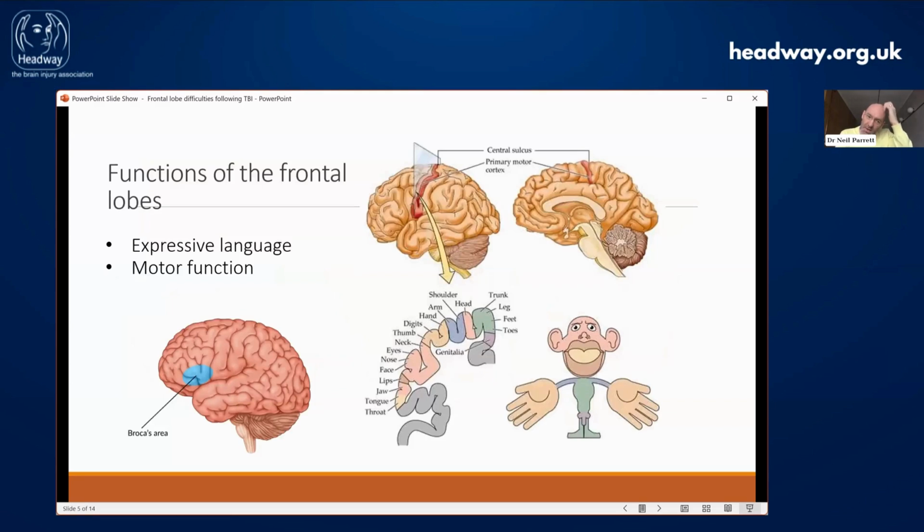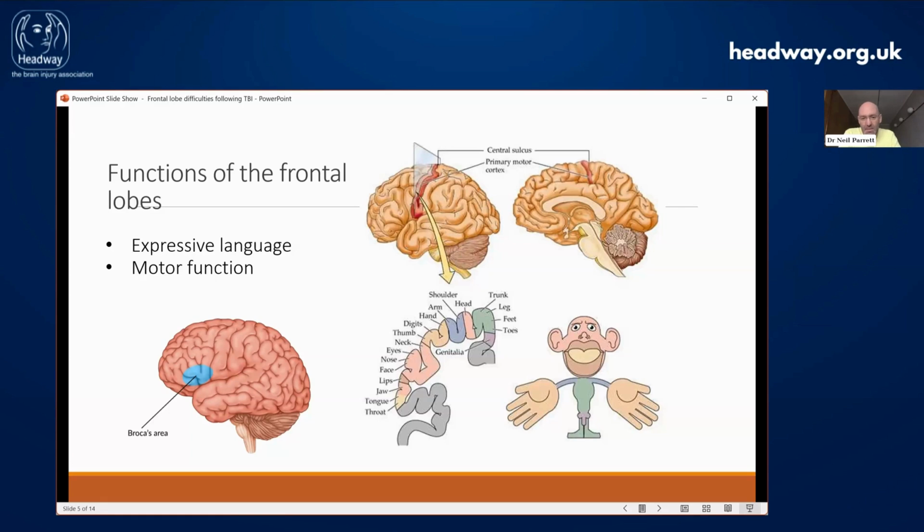Okay. So in terms of frontal lobe functioning, one of the most important areas to consider first is with respect to motor function. At the back of the frontal lobe, there is the motor cortex, the primary motor cortex. This is a strip of brain where particular parts are associated with the movement of particular parts of the body.